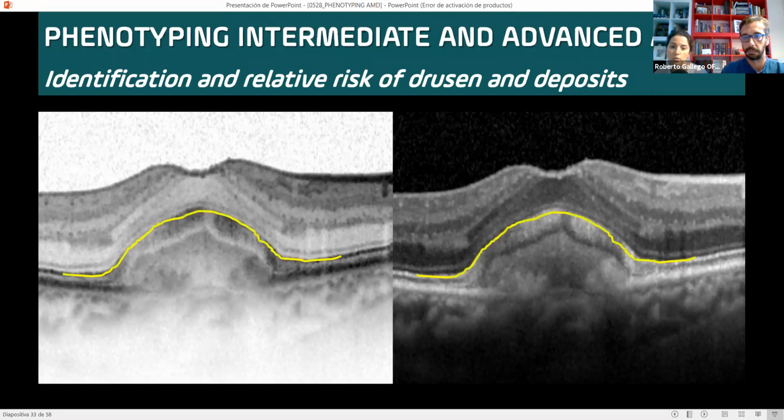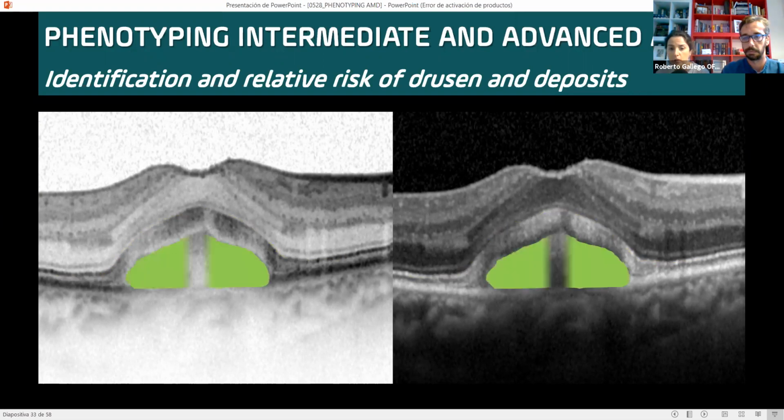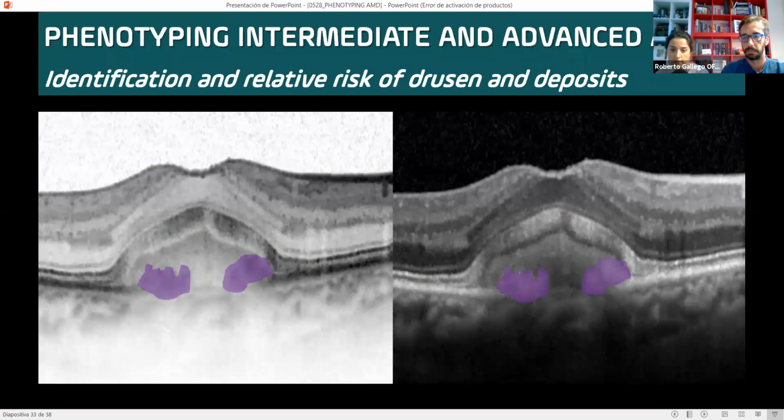And also you will see the ellipsoid zone, and you will see that the RPE is below the lesion and it's flat, so it's not elevated. Those are melanin and lipofuscin components of the acquired vitelliform lesion, and the RPE is below and flat, and you don't see Bruch's membrane. That's a good point.